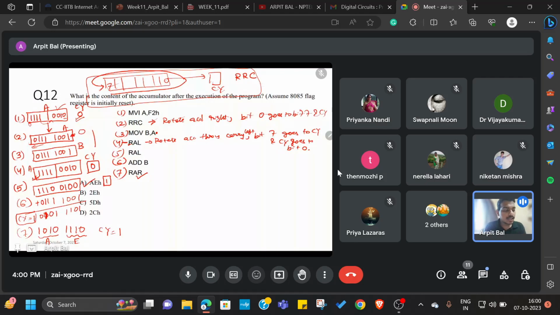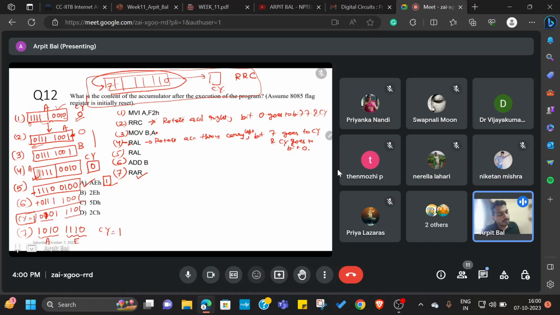Step number 5 is again a repetition, but in this case, because this bit is 1, it goes to the carry, so the carry becomes 1, and then every other bit is left shifted. Then you obtain the value that we obtained in step number 5. In step number 6, whatever value we stored in register B, we add to the accumulator, so the accumulator becomes 0101 1101 and the carry is 1.